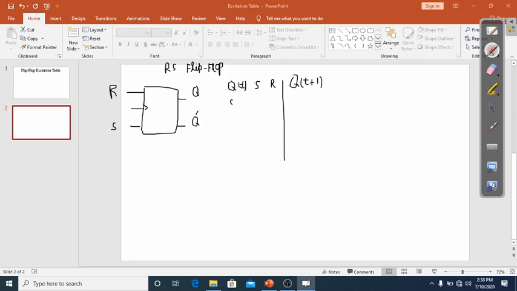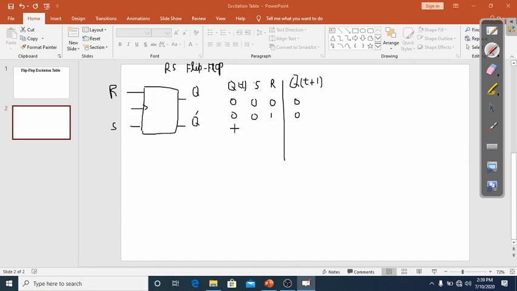If the present state is 0, set is 0, reset is 0, then the next state would be 0. For 0 0 1, present state is 0, set is 0, reset is 1, so the next state would be 0. As we have already learned how the state is changed by using the circuits of the RS flip-flop.